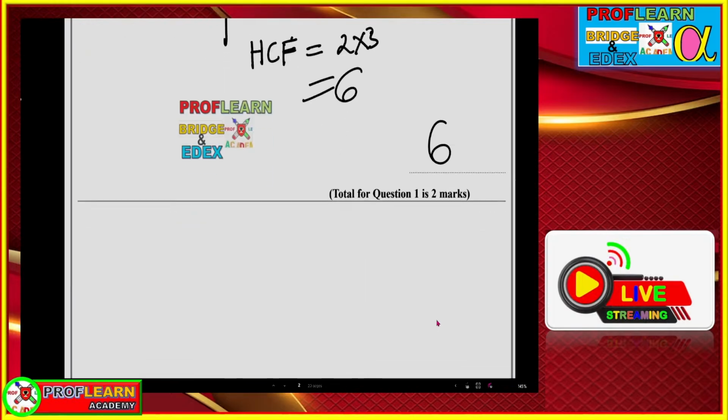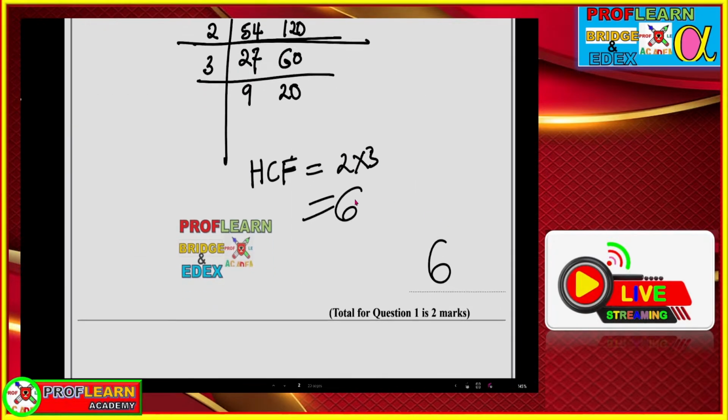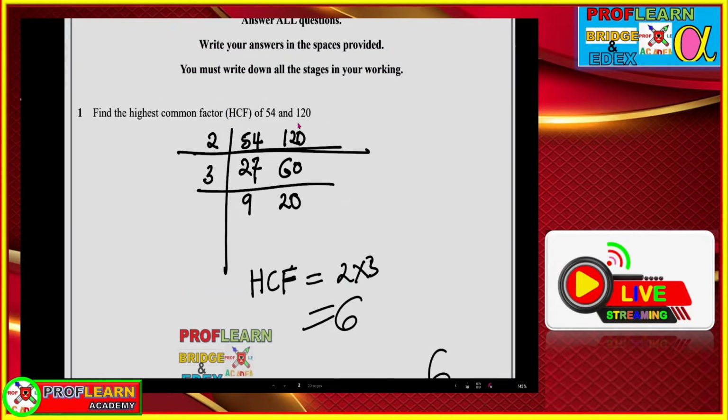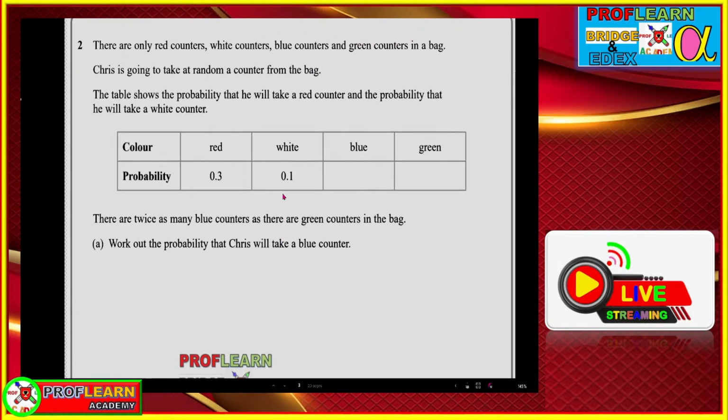Next question that you can be asked to solve, because in GCSE Math you can be asked to find HCF, or you can be asked to find least common multiple. Another question that you can be asked here is a question to do with probability. In such a question, you may be asked to find the missing part.